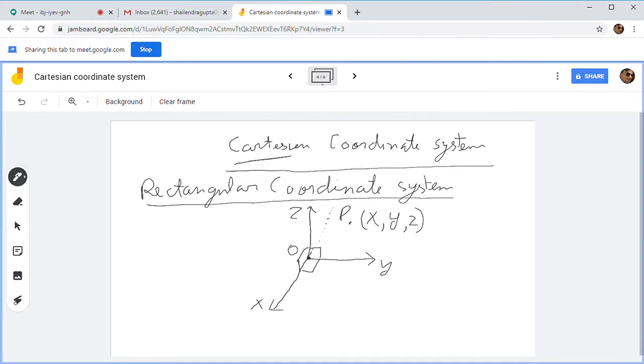Sorry, it is minus x because it is behind this yz plane. So first you will move towards minus x. Now you can move in y direction, so it will give you a reflection of this. Its reflection on this yx plane will be P dash.